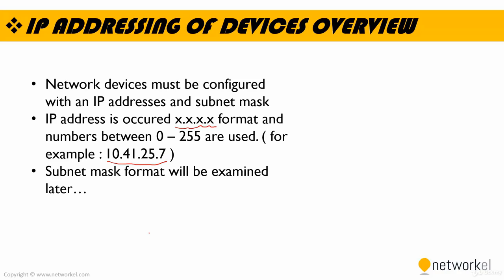The subnet mask format will be examined later. What I can tell you in this section is you cannot use an IP address something like that, blah, blah, blah, because you can only use numbers between 0 and 255.